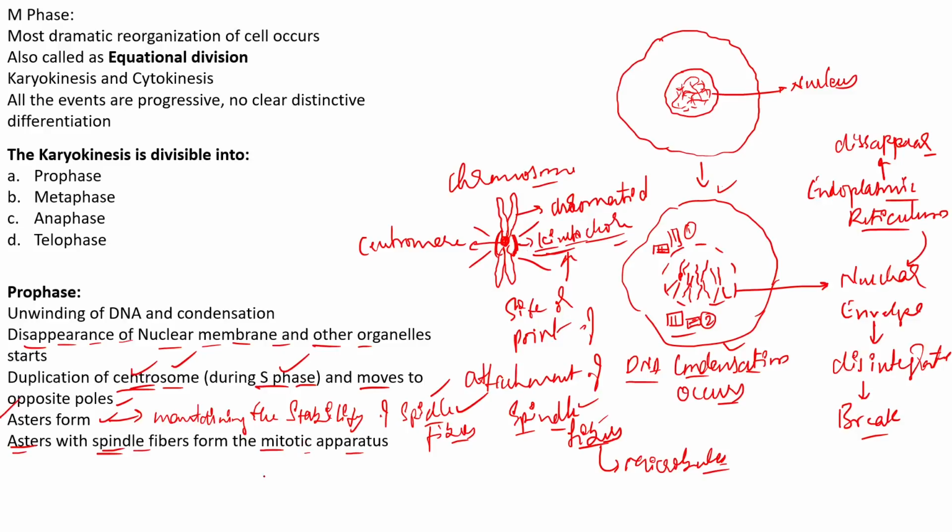This mitotic apparatus is involved in attachment to the kinetochore of the chromosome, and it mainly splits the chromosome into two. However, you can see that this chromosome is only one in nature. That is a different part of the event that you will be studying shortly.